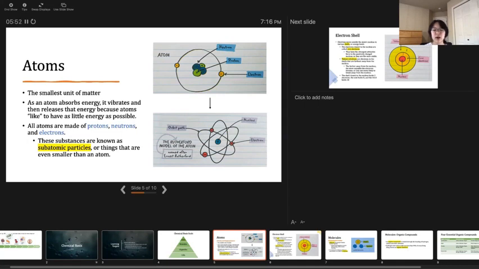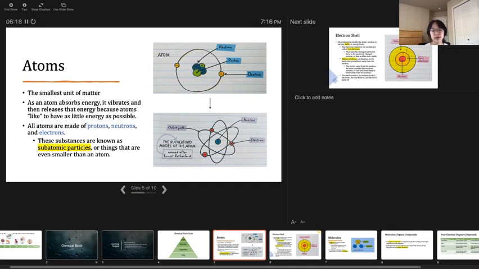Neutrons actually don't have a charge. You might think that neutron sounds like neutral, and that's essentially what they are. They have no charge. And that's basically everything about subatomic particles. You might notice that there's a second diagram called the Rutherford model of the atom.